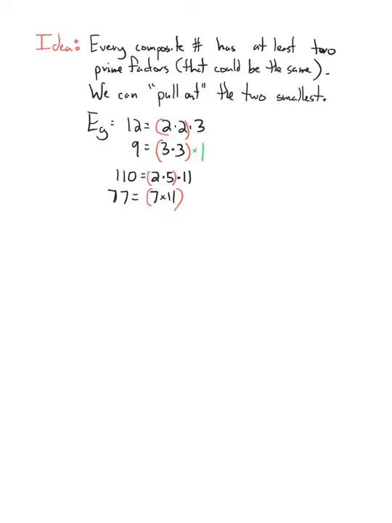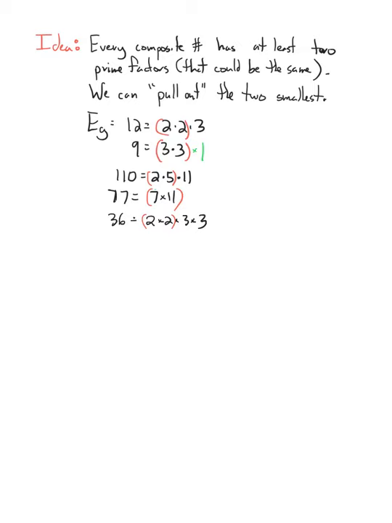I'm going to think of the rest as multiplying by 1, so 3 times 3 times 1, just for notation. 110 is 2 times 5 times 11, so I'm going to pull out the 2 and the 5. 77 is 7 times 11, and 36 is 2 times 2 times 3 times 3. Again, I'm going to take the two smallest, and I'm going to think of the 3 and the 3 as the rest.